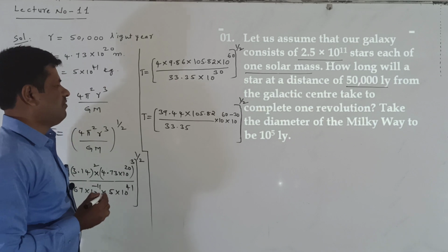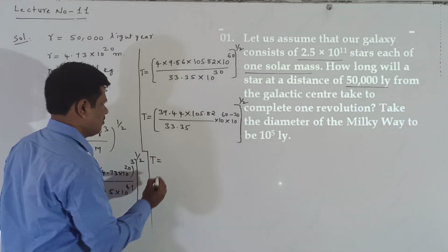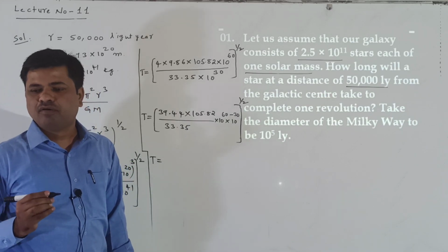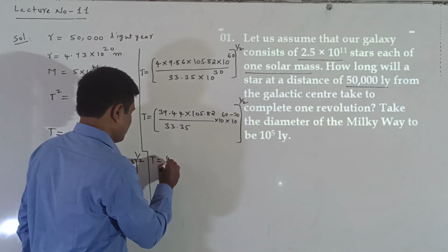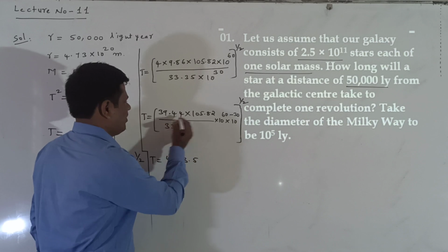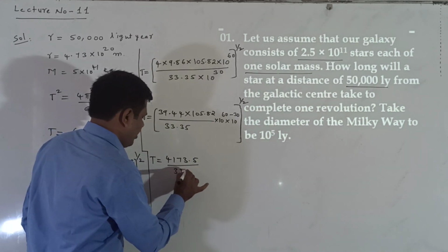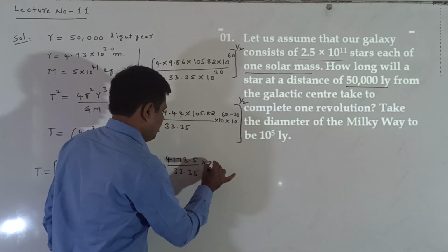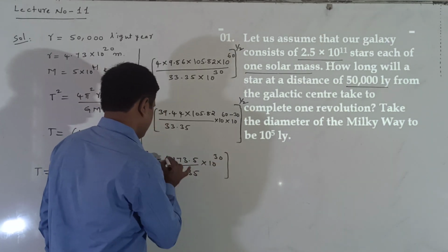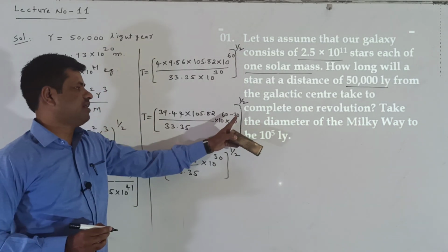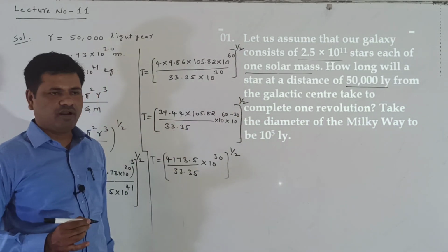Now what are we getting here? T is equal to 39.44 into 105.82, which when multiplied is equal to 4173.5, by 33.35 into 10 power of 30, whole power of 1 by 2. 60 minus 30 is equal to 30, whole power of 1 by 2.